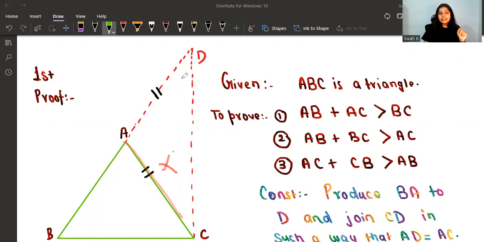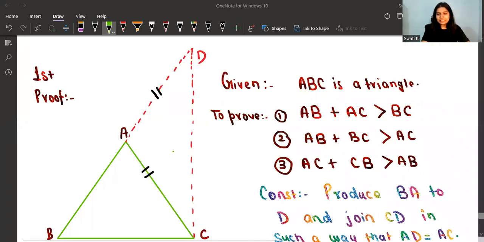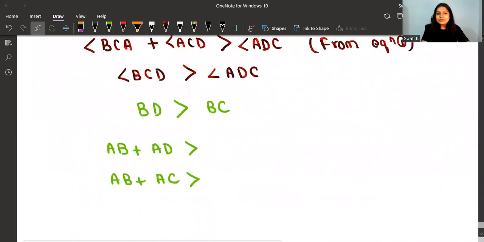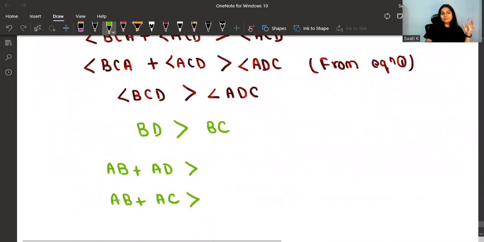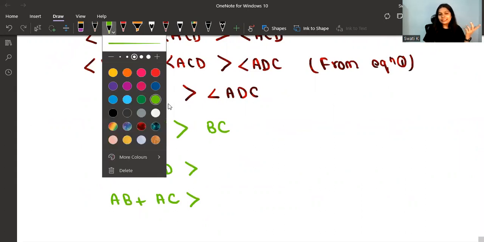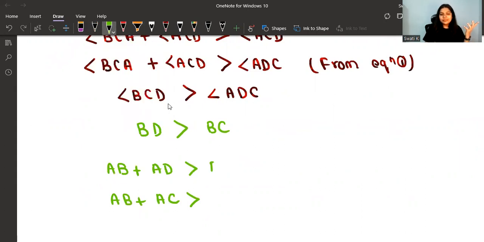That is not correct. The side which is present opposite to angle ADC is BC. So that was the mistake. Please don't write down AC. It is basically BC, and that's quite obvious now.